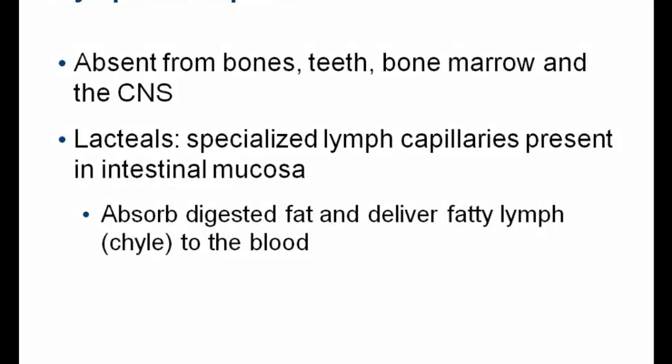Ooh. When that lymphatic fluid has a lot of fat in it in the digestive tract area, they give it a special name. Instead of just calling it lymph, they can call it chyle. C-H-Y-L-E. A little bit different than most guys with that name. Spell it.